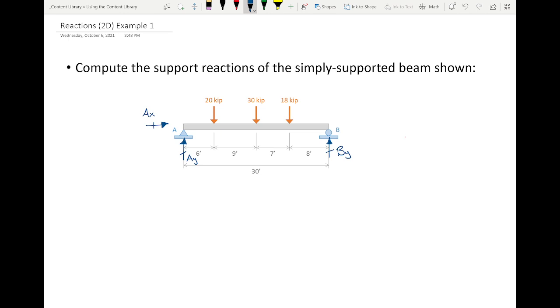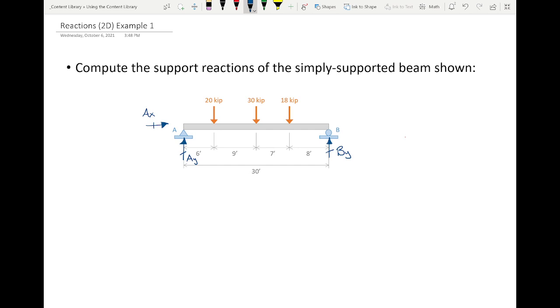Now, I'm sure there's a couple of you in here thinking, wait a minute, what's going on with AX? There's no horizontal loads. Don't worry. We'll get there. All right. Everybody with me so far? Now, there are how many unknown forces? 3. Okay. There are 3 unknown forces.